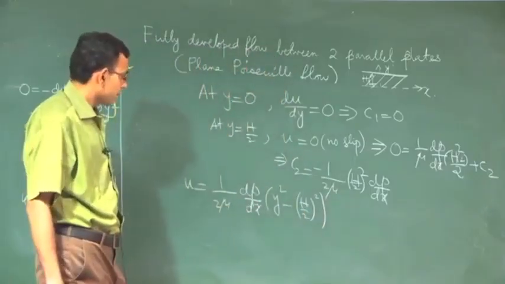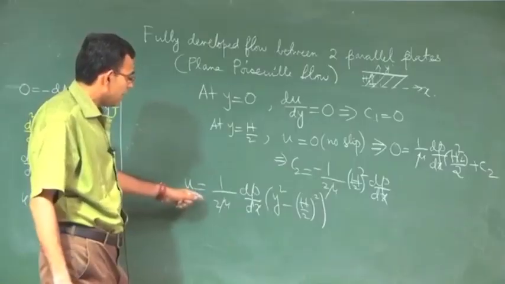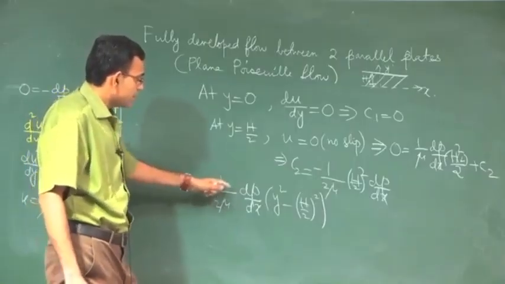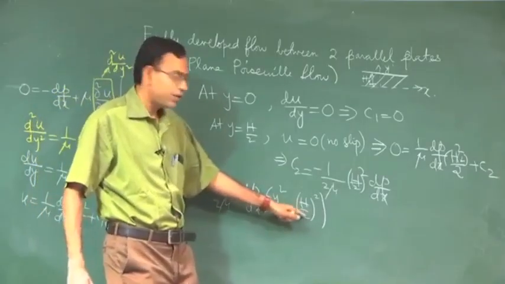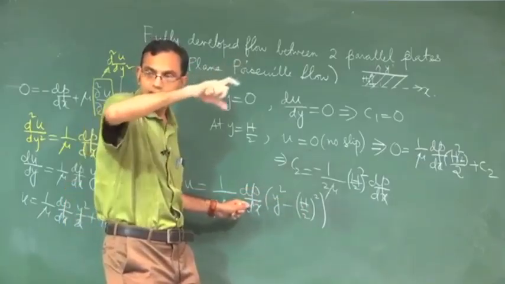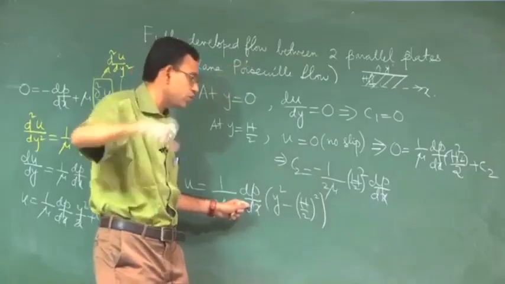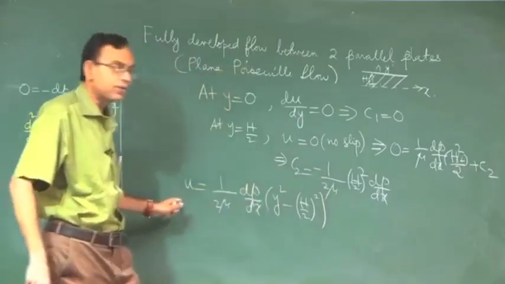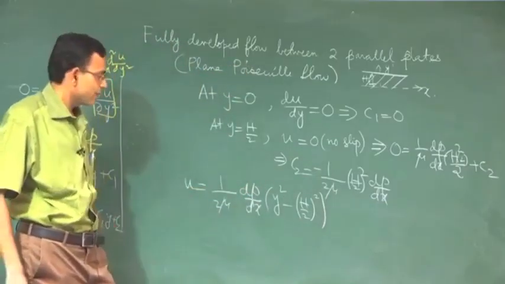So, clearly y is always less than h by 2, but dp dx is negative because the fluid is being driven by a gradient from higher pressure to lower pressure. So, this minus into minus will make it plus.